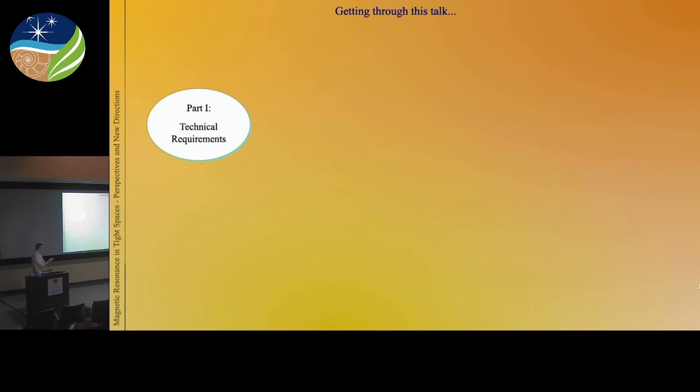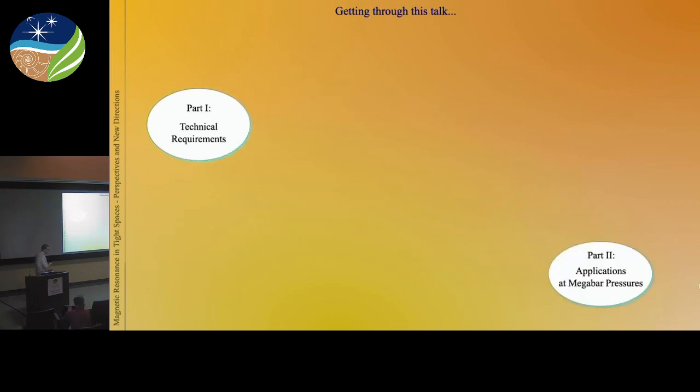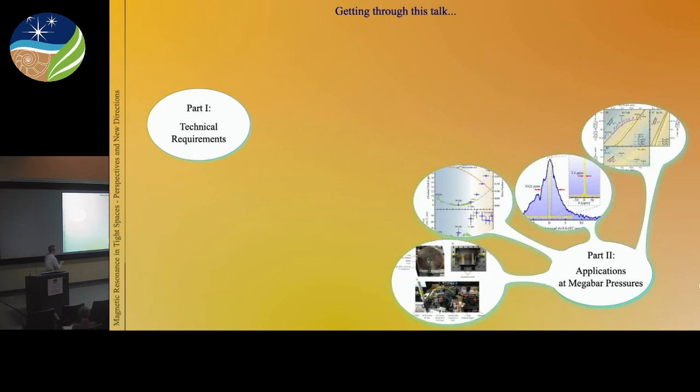So I basically need to split my talk into 2 parts. In the first part, of course, I need to review the main technical aspects we need to think about when we want to solve the issue of NMR in diamond anvil cells. The second part will be more about applications, where I want to predominantly talk about our most recent experiments on metal hydrides.